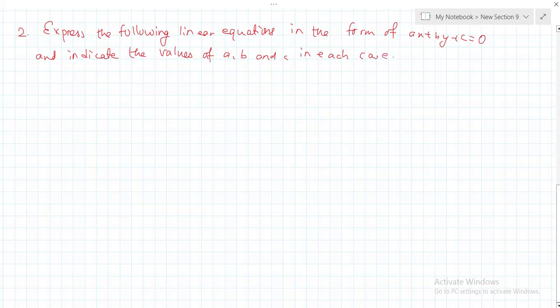Here some questions are given. You are asked to express the given equation in the form ax plus by plus c equals 0, and also to find the values of a, b and c in each question.